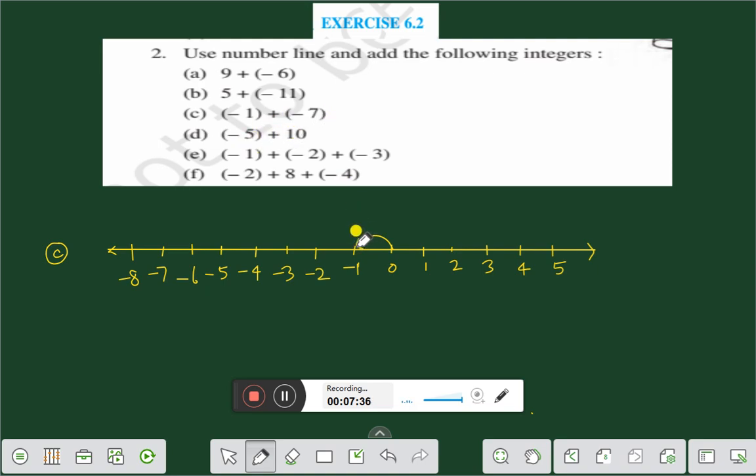Count from here, 1, 2, 3, 4, 5, 6, 7. Therefore the answer is minus 8.